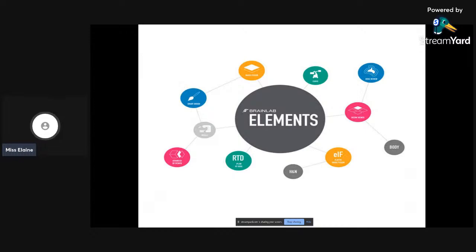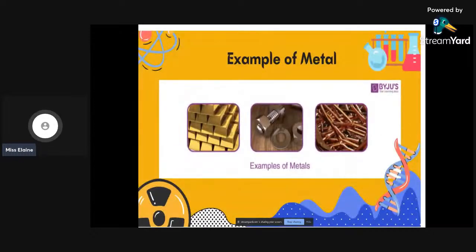Let's start with elements. These are examples of metal. Gold is a metal, and gold is solid. Iron is also an example of metal, and it is also solid.